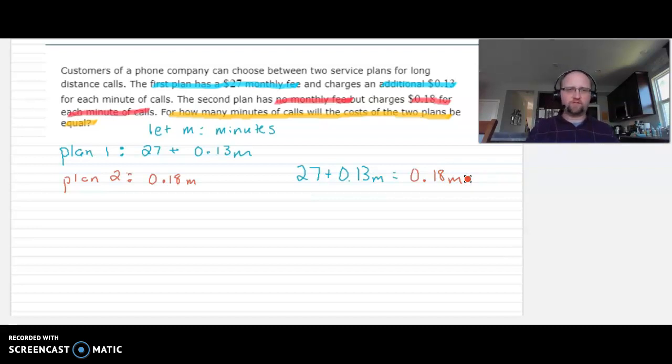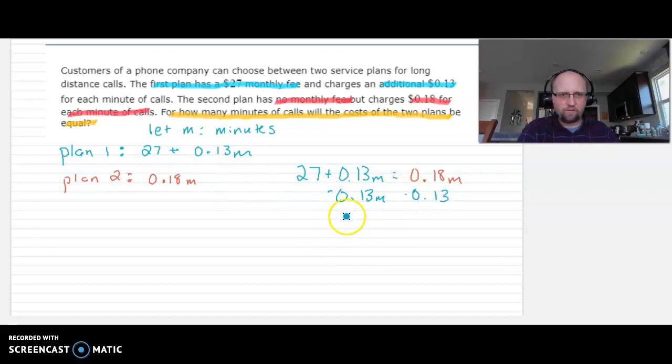So you just have to go ahead and start figuring it out, okay? You know, which one of these two is bigger, 0.13 or 0.18? Remember, if I was thinking of this like rounding, the 8 would round this up to 2, this 3 would keep it at 1. So 0.13 is smaller. So I'm going to subtract that from both sides, and I'm going to subtract it over here.